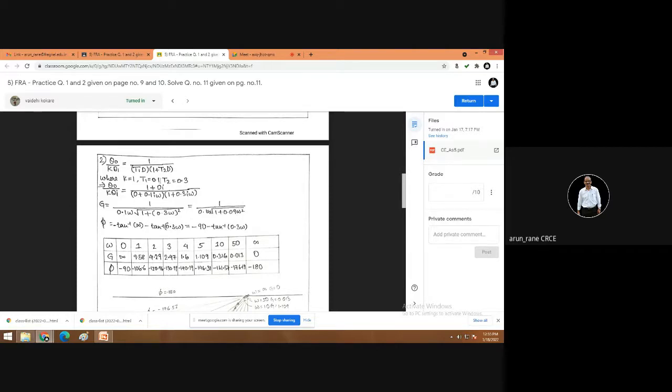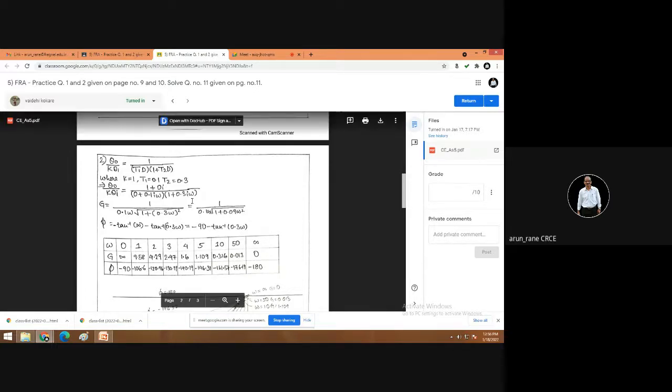Calculate G. In the numerator it will be 1. In the denominator there will be 2 terms. The imaginary part is 0.1 omega the whole square, real part is 0, so the square root of that will be 0.1 omega itself.